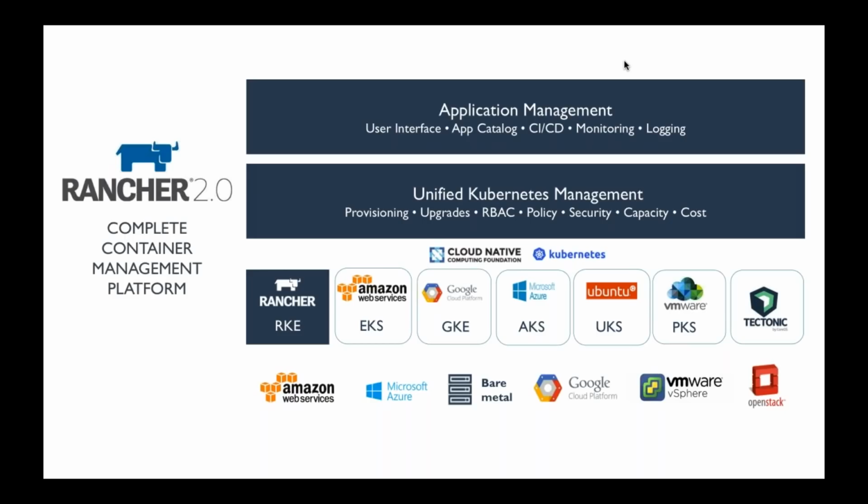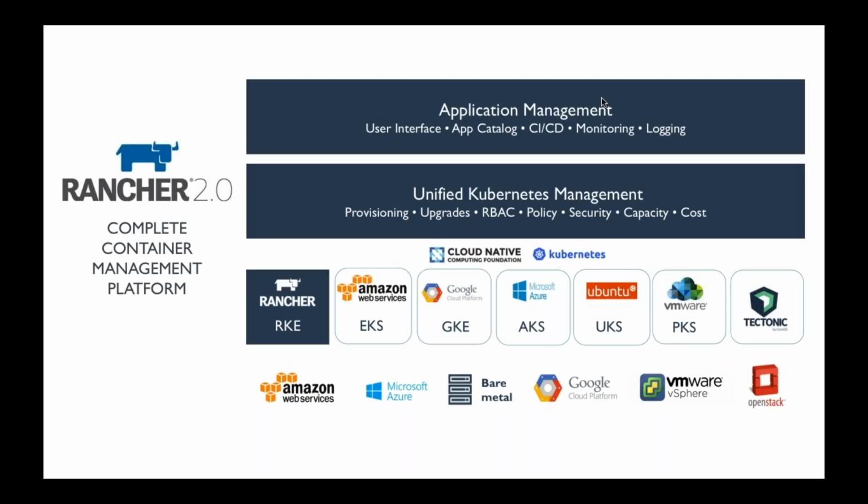You can use on-prem clouds like OpenStack or vSphere, and you can also bring a bare metal host into the game. And then on top of that, we also support all the managed Kubernetes offerings. This is something that Amazon, Google, and Azure are currently offering. Basically, it's a managed Kubernetes cluster where you get an SLA on the Kubernetes API.